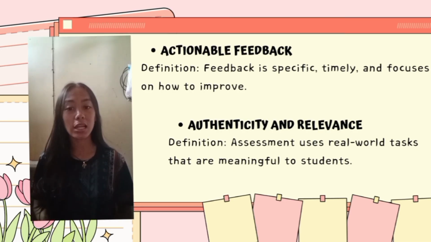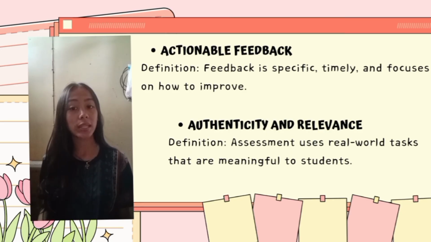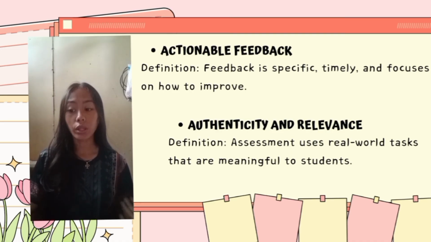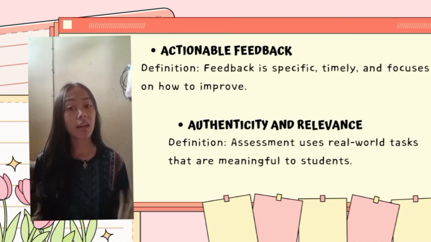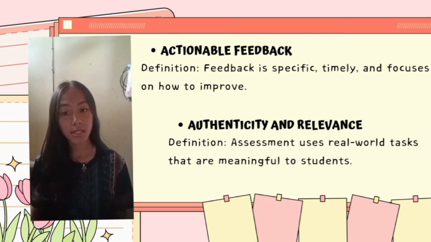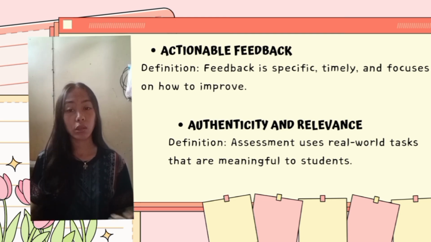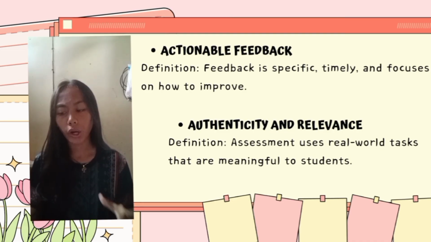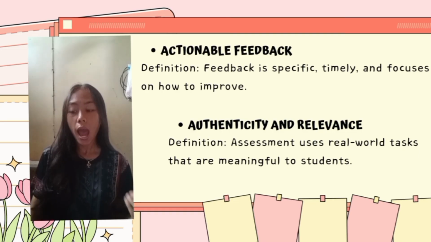Now I will discuss the actionable feedback and the authenticity and relevance. First is actionable feedback. Actionable feedback is specific, timely, and focused on how to improve. In general comments, teachers like to say "good job," which doesn't help students to grow.